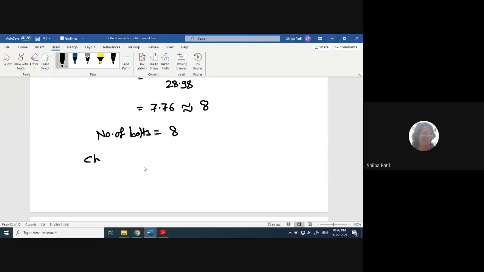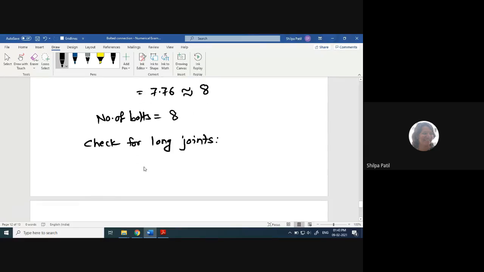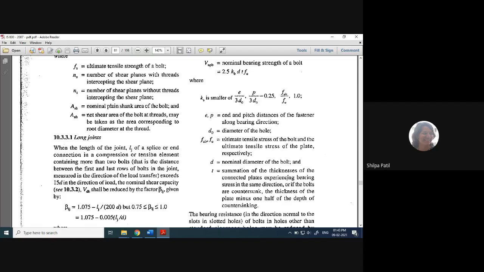So check for long joints. What is the criteria? I will just go back to the code. When the length of the joint Lj of a splice or end connection in a compression or tension element containing more than 2 bolts exceeds 15d in the direction of the load, the nominal shear capacity shall be reduced by factor beta lj.